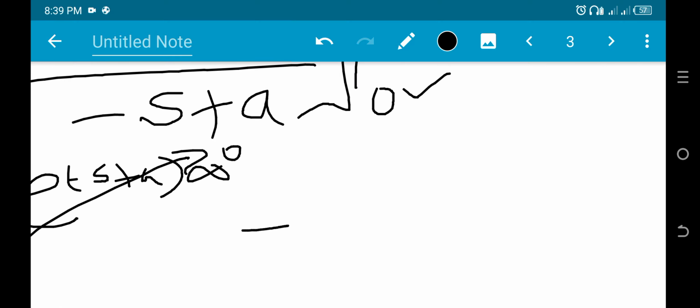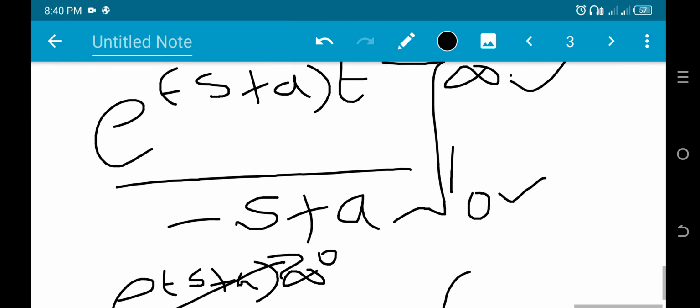So we're going to say minus. Now look at this. Let's factor out a negative so that we get a good denominator.